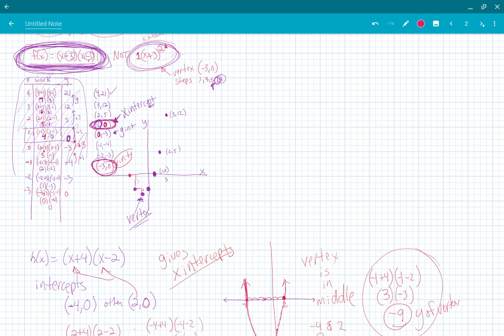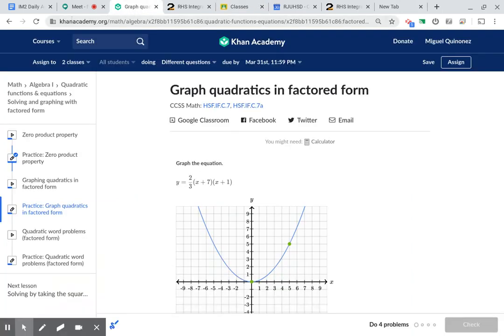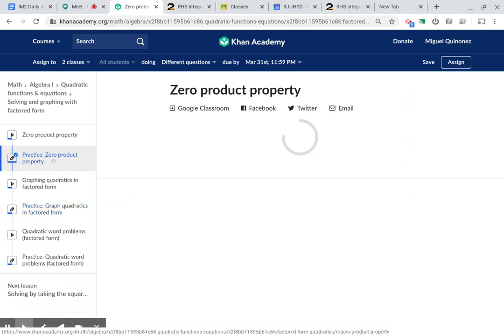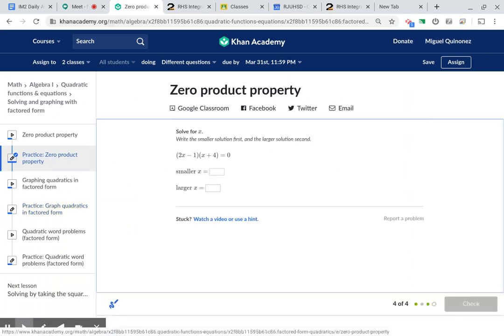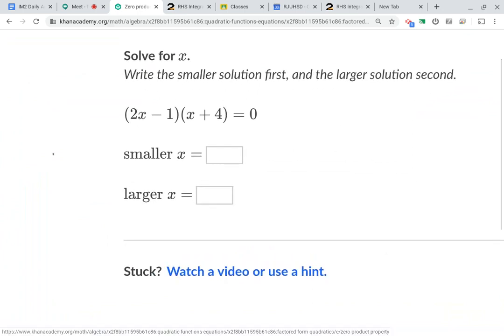All right, so let me take you to Khan Academy, and I'm going to show you how it's going to look. So we do this one. All right. This is in factored form. What number can you put in x to make negative 4 become 0?